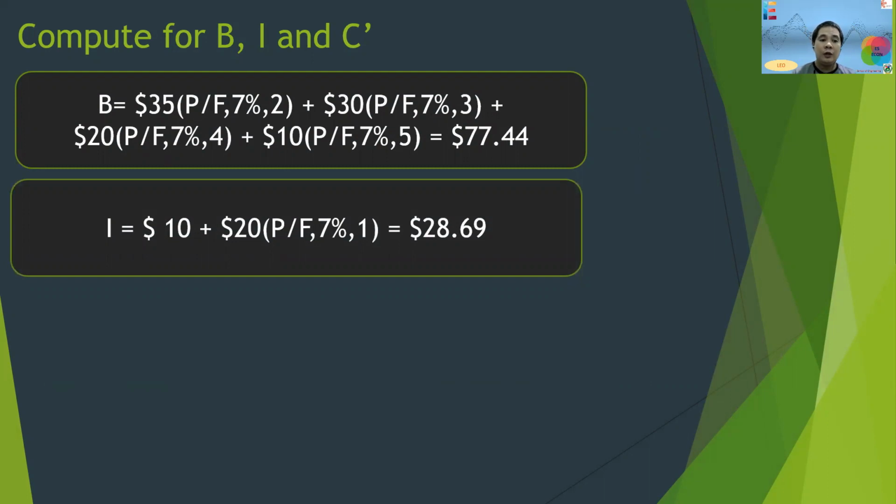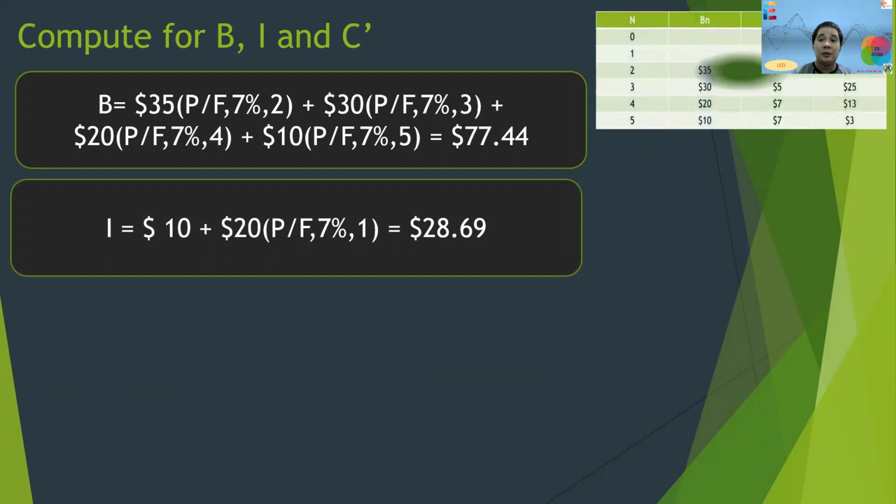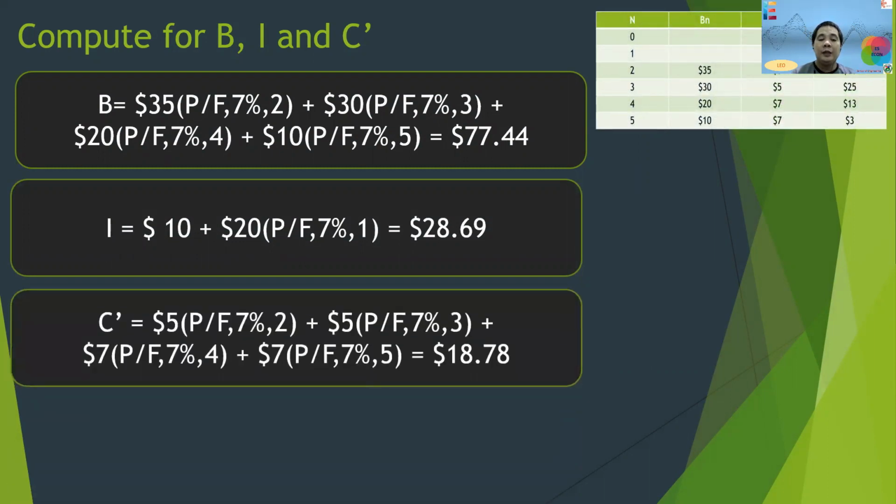Your I, therefore, is 10 plus $20 on the first year. Therefore, that is $28.69. There is your cash flow above. And then your C hat is equal to 18.78. So you may pause this video and try to compute whether or not the computations are correct.